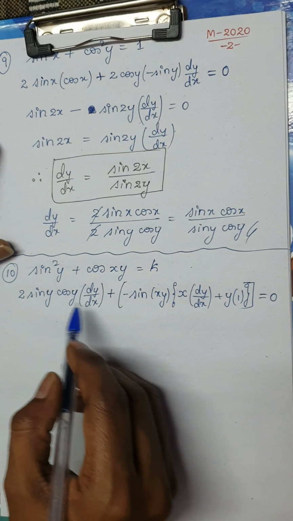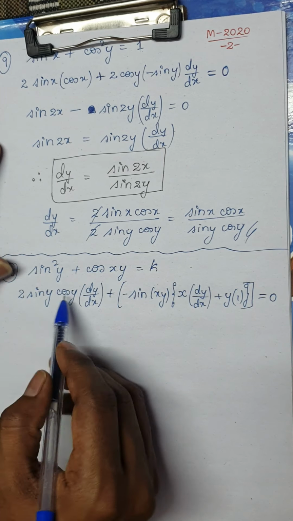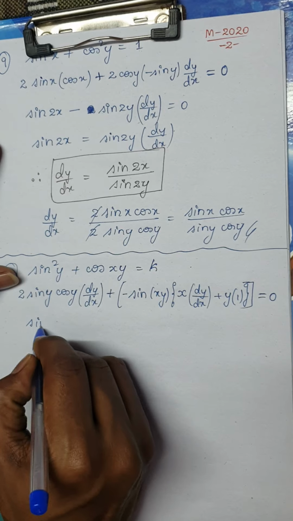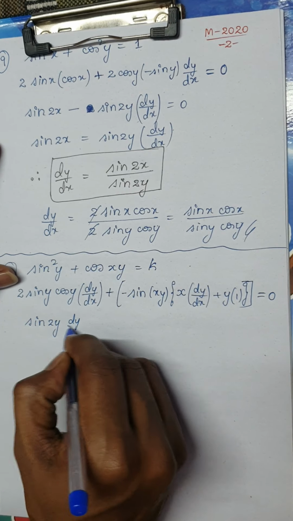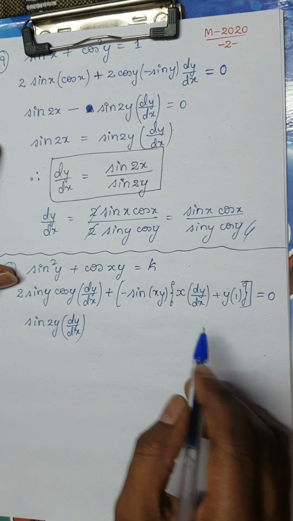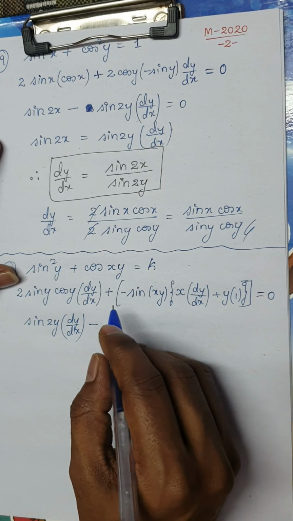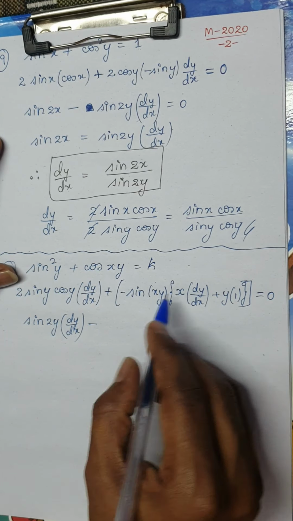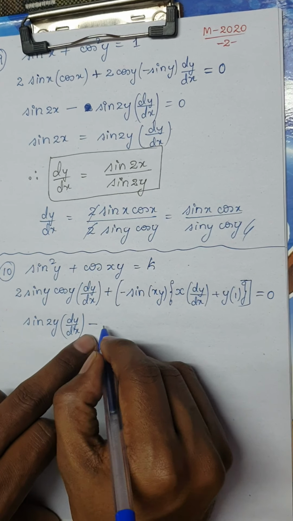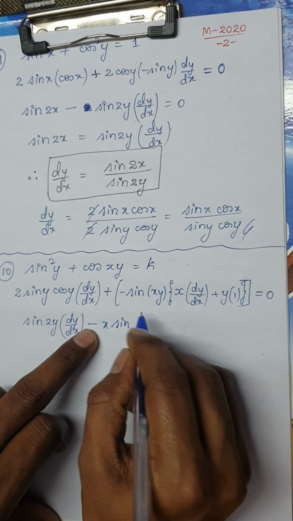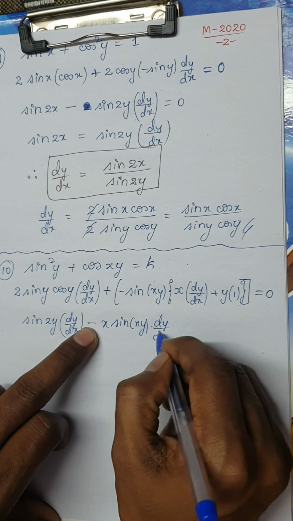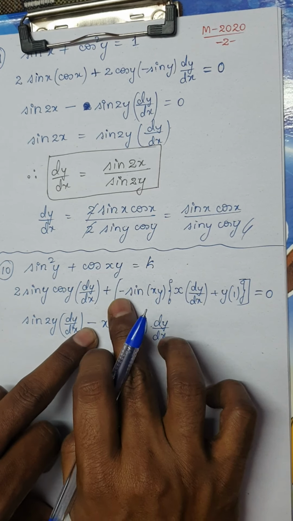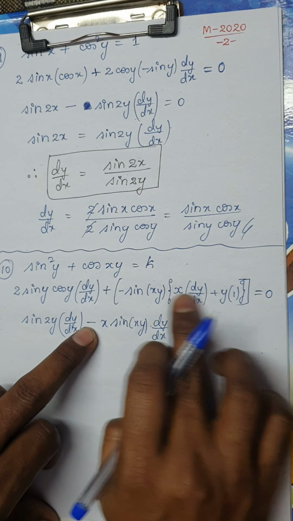Okay. So as in the previous case, 2 sine y into cos y can be written as sine 2y into dy by dx. Okay, minus, okay, split this, you will get minus x into sine of xy into dy by dx. Okay, minus sine of xy is multiplied to both the terms.